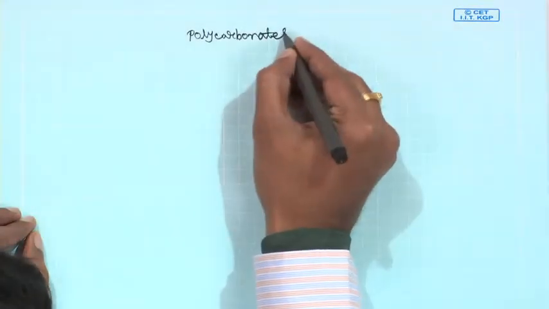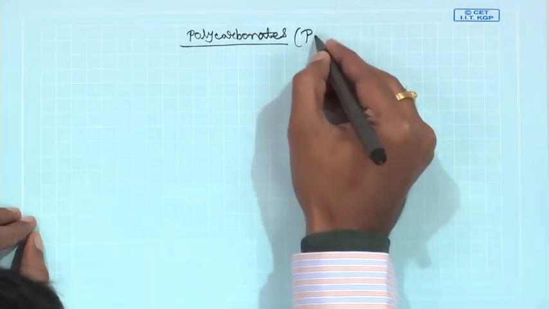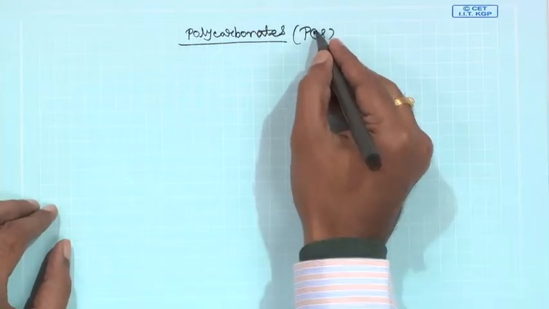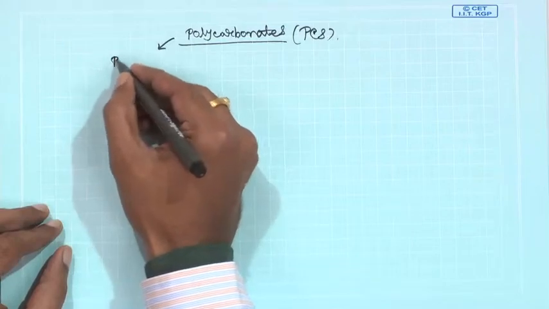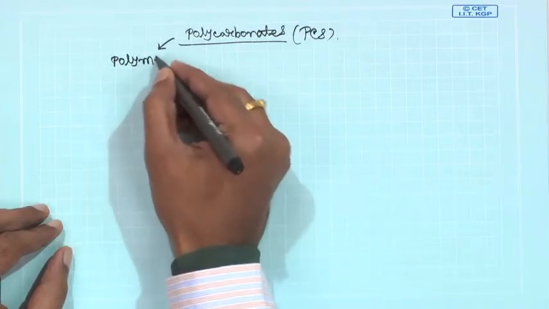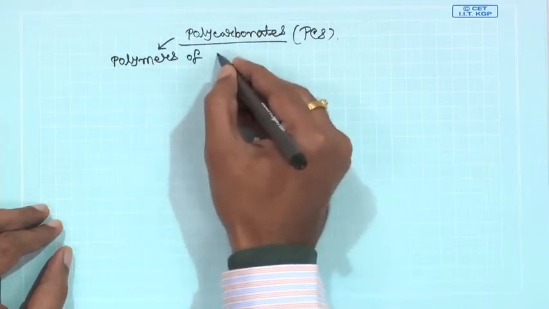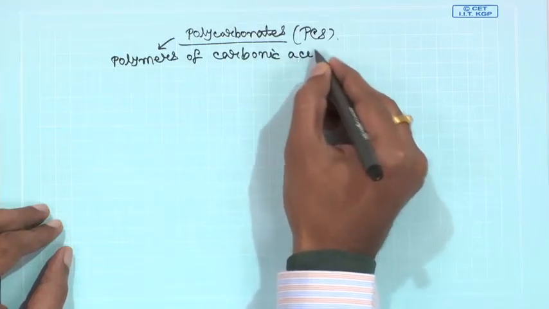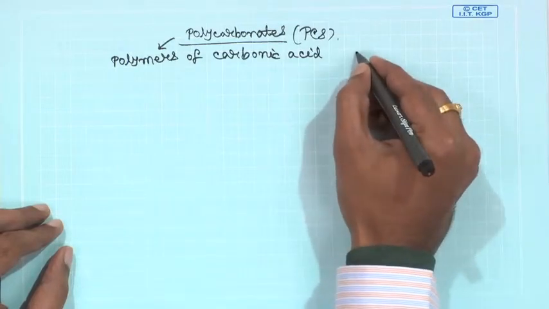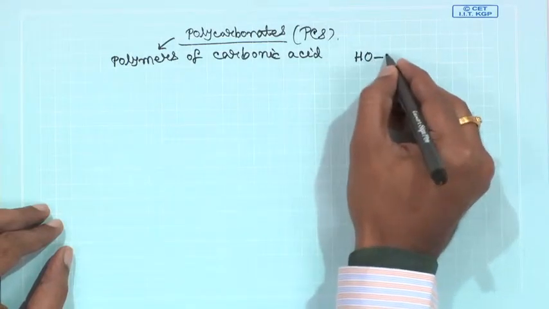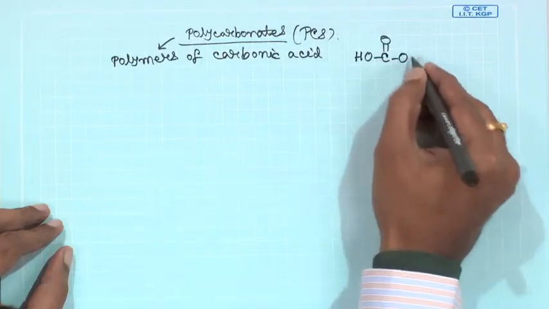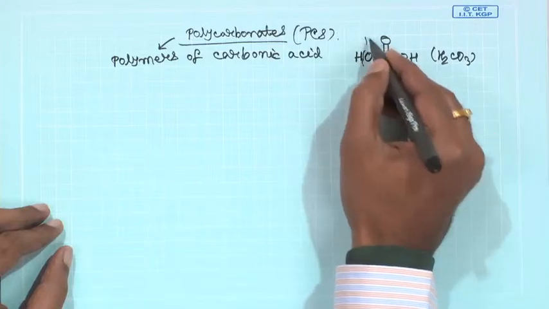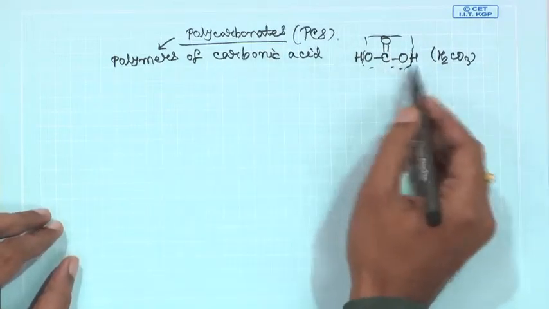polycarbonates. Okay. So, basically these are polymers of carbonic acid. So, basically you have this carbonate linkage that will be present in the polymer.